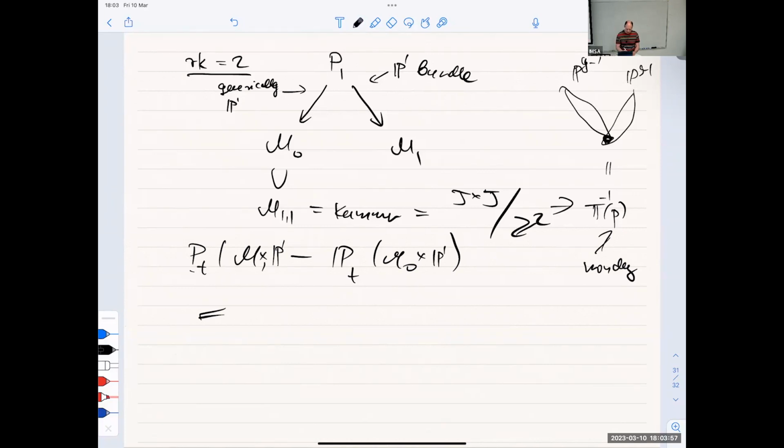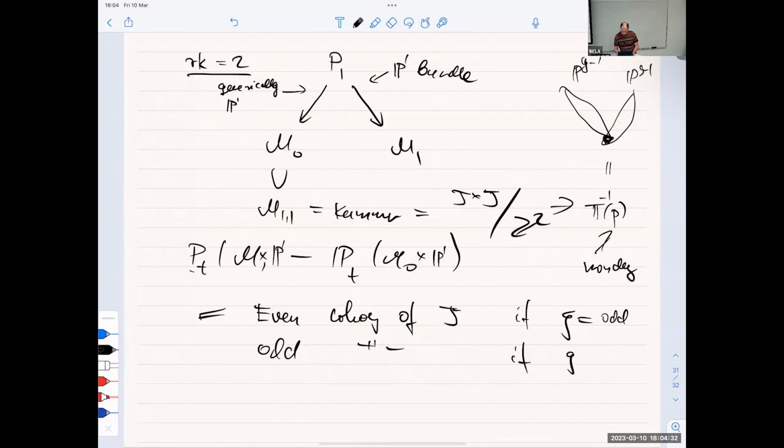So you get the even cohomology of the Jacobian if the genus is, now I'm going to screw this up probably, it's odd. No, I forget now. And the odd homology of the Jacobian if g is the other parity.